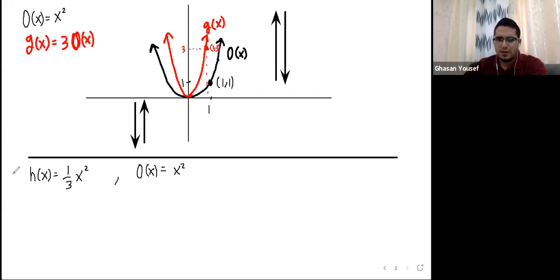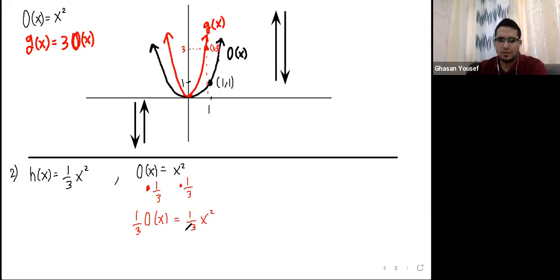Okay, Mayasha. Now for the second one, I have h of x equal 1 over 3x squared. What should we do? Yes, multiplying by 1 over 3, exactly. If I multiply both sides by 1 over 3, I'm going to get 1 over 3 O of x equal 1 over 3 x squared.